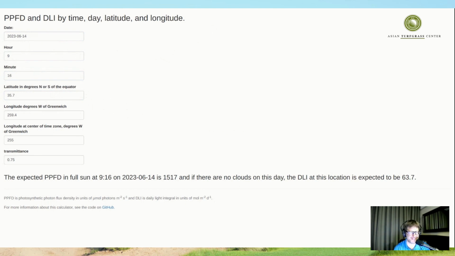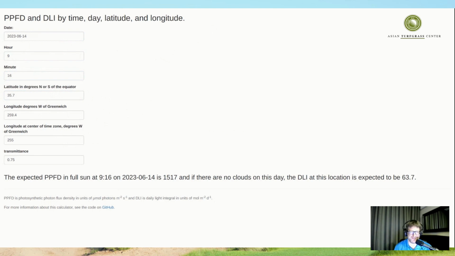requested piece of information is terribly complicated. And that is asking for the longitude at the center of the time zone in degrees west of Greenwich. It's basically asking what time zone you're in, and then taking the number of time zones that you are west of Greenwich and multiplying it by 15.